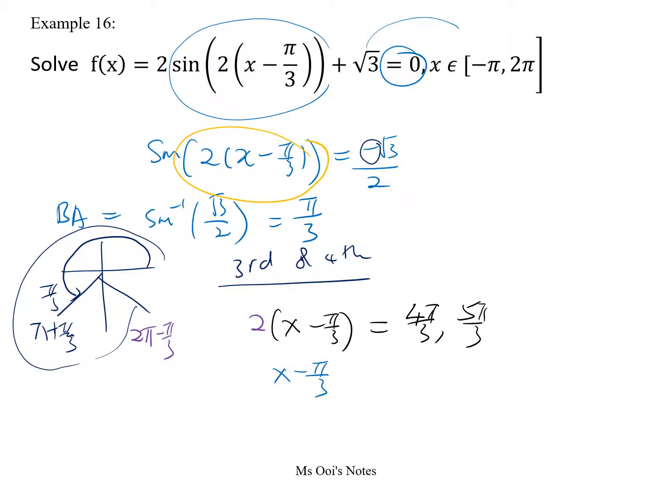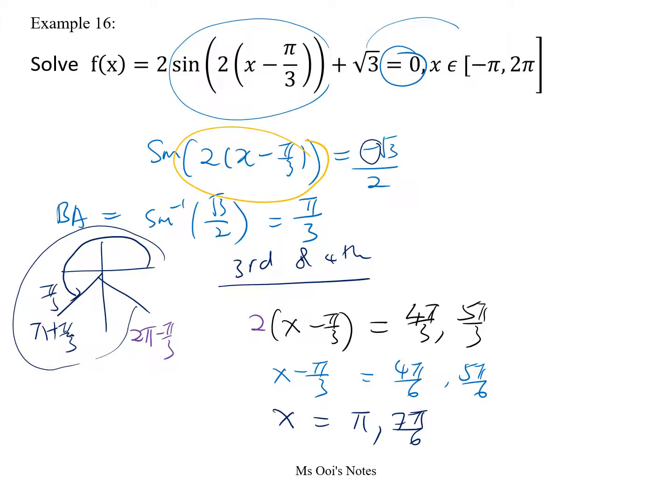So firstly times half everywhere, which is 4 pi on 6, and then 5 pi on 6. And then you add pi on 3 on both sides. So adding pi on 3 means adding 2 pi on 6, so that will give me 6 pi on 6, which is pi. Adding 2 pi on 6 to 5 pi on 6, that will be 7 pi over 6. So this is the solution for one cycle, the first cycle.